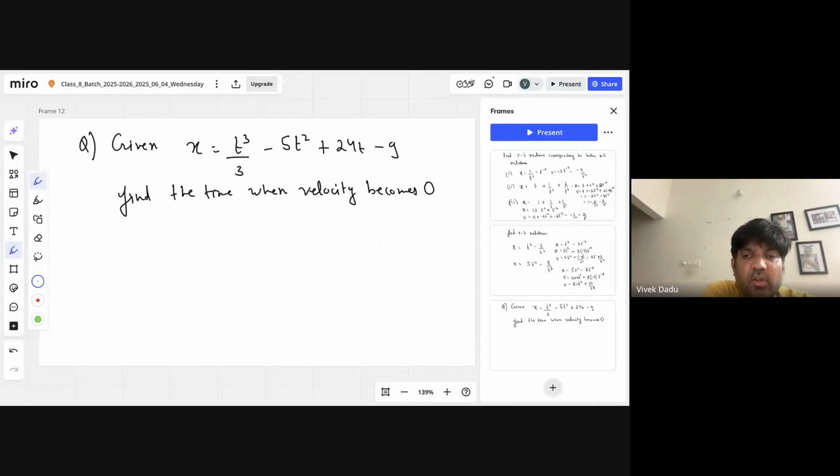Okay Ishani, how does it become 10 by t? This term is the problem. No, first term is the problem. Aryan, still the relation is wrong.